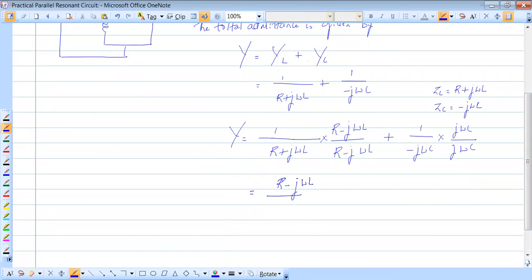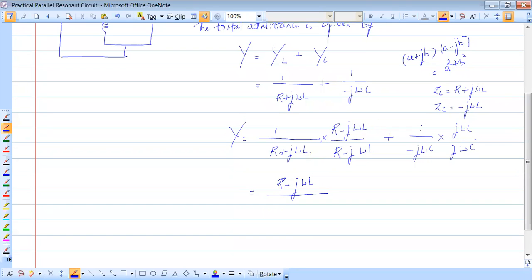In the denominator, what will you be left with? See here, if you have A plus JB into A minus JB, then its result is A square plus B square.